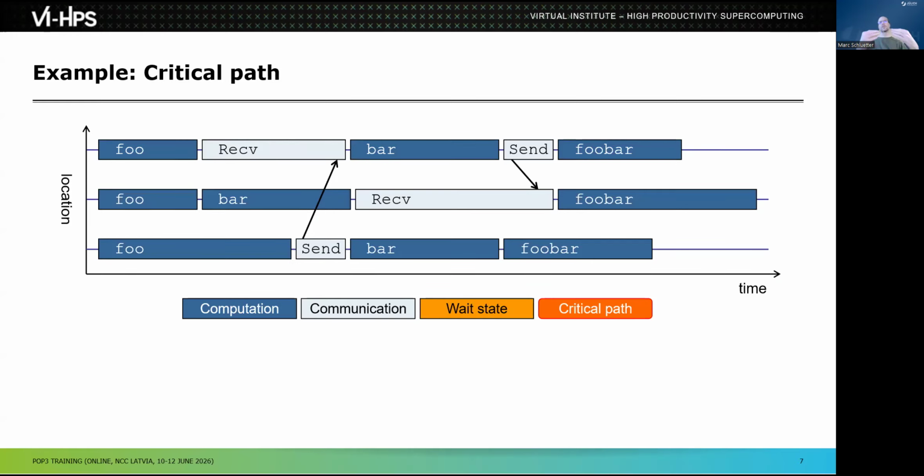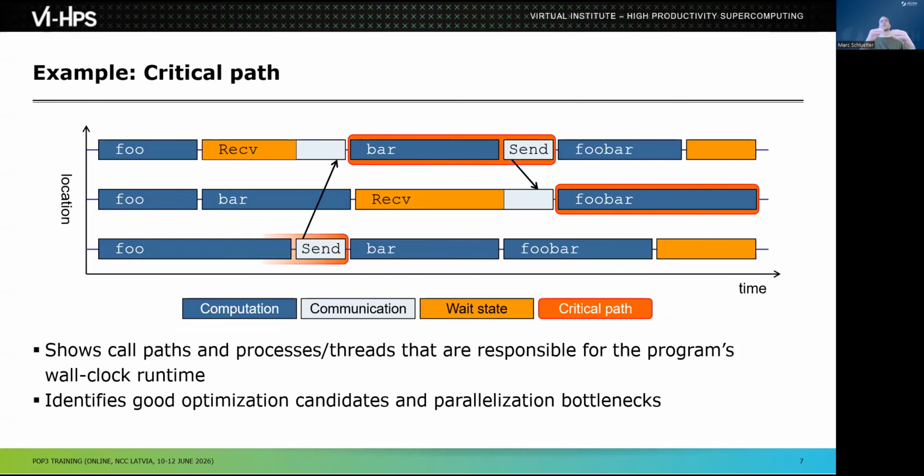Another concept, which is an extension of the wait state concept, is the critical path, which is the path through your program which is responsible for the program's wall clock runtime. So it has the longest execution times, and the other processes, like we see here, the orange wait states, are waiting on these elements of your execution to finish.